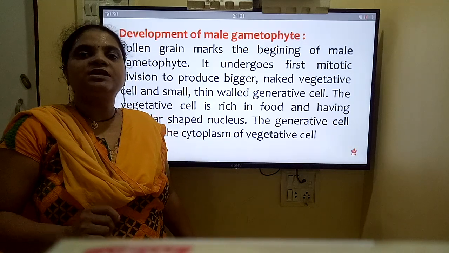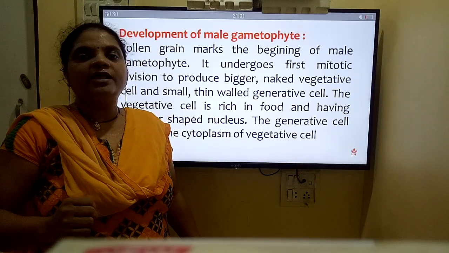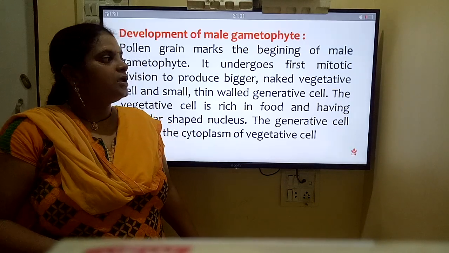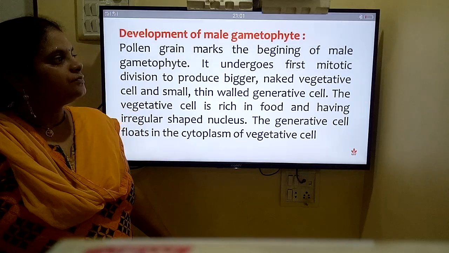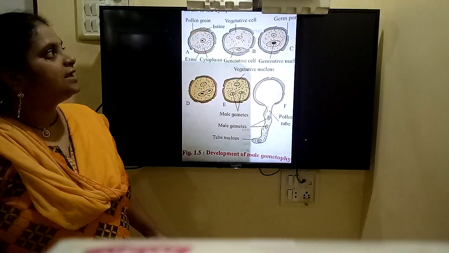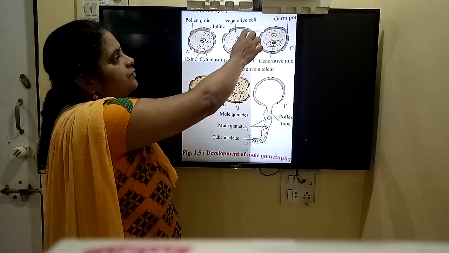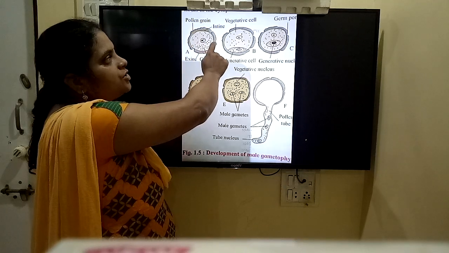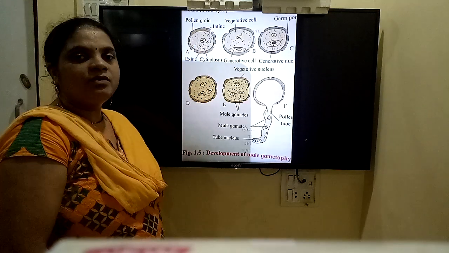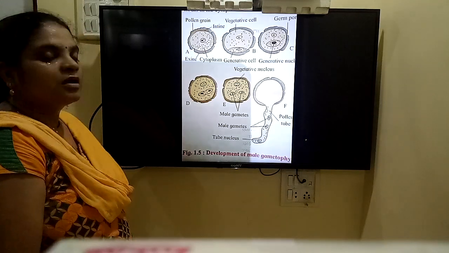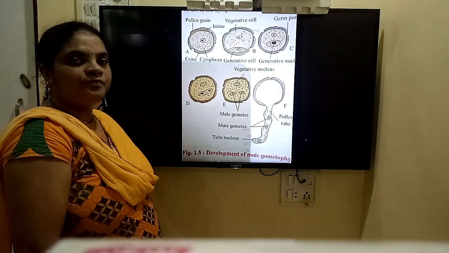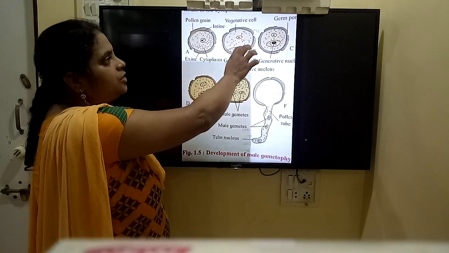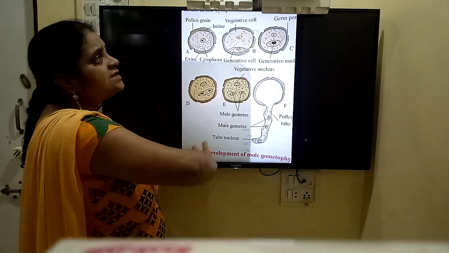The vegetative cell is comparatively bigger than the generative cell, and it is the nutritive one. We can observe this in the diagram. This is the pollen grain with a single nucleus, which starts to divide mitotically, and we know that in mitosis the nucleus divides into two daughter nuclei. Likewise, the two daughter nuclei give two cells.